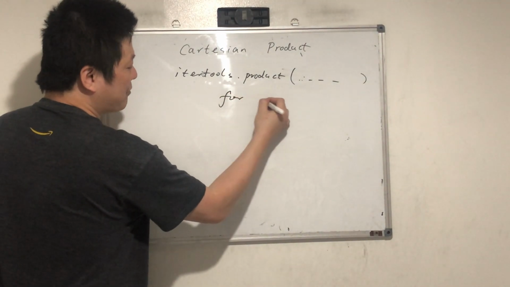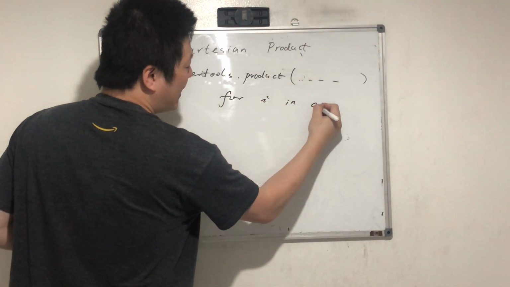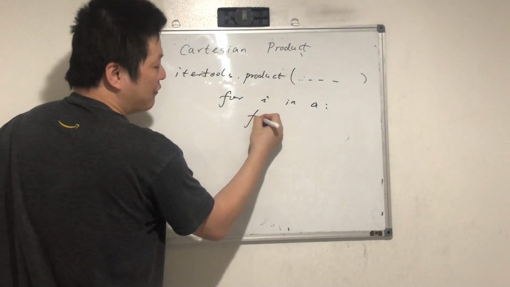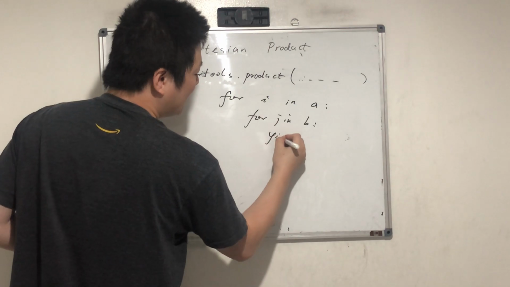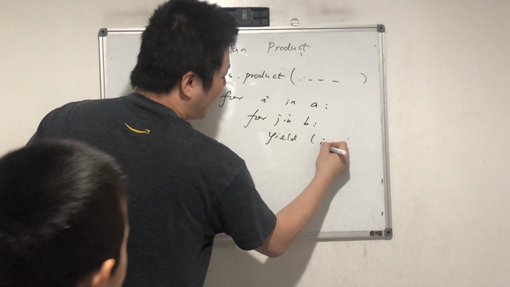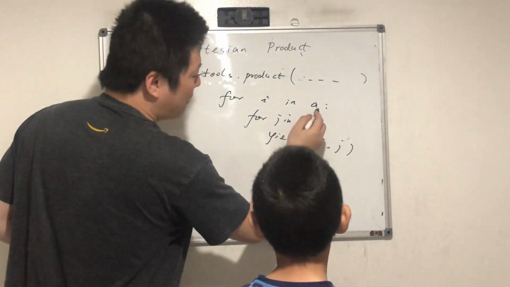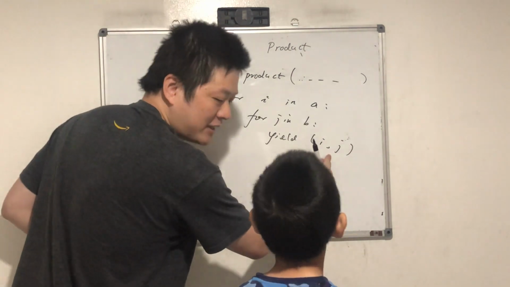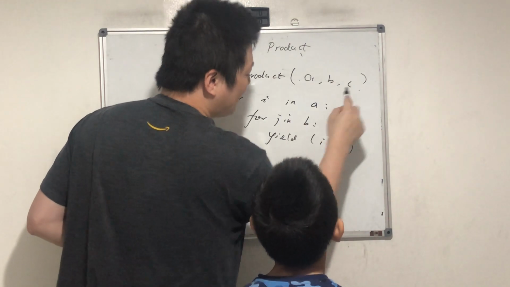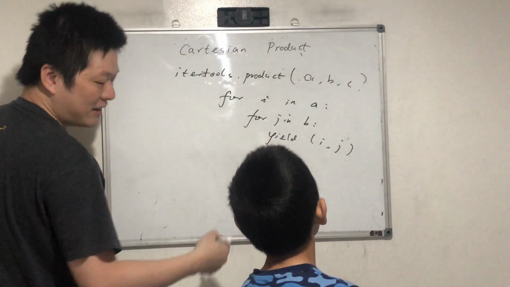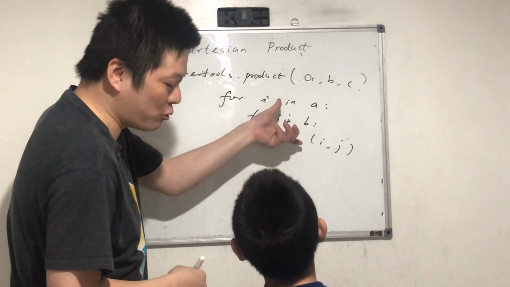Remember the first iteration we have for i in A, for j in B, yield i, j. This wouldn't work because it may contain more than 2 elements. It could contain A, B, C. This only works for 2 elements.